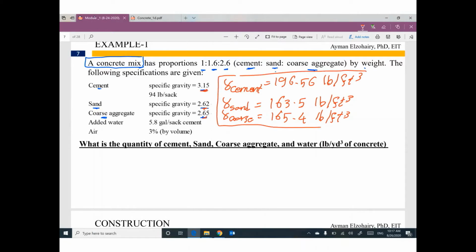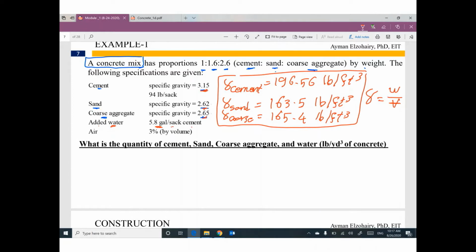And remember, gamma equals weight divided by what? Volume. For this concrete mix, we will add water. And how much is given? 5.8 gallons per sack of cement.